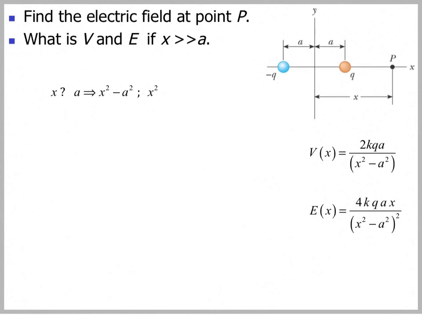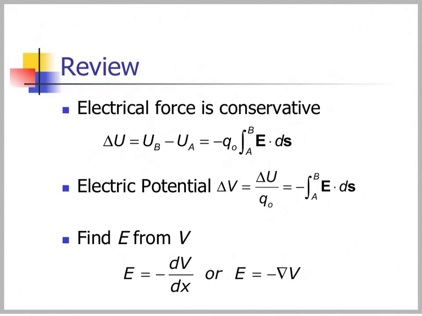So, x squared minus a squared essentially becomes x squared. And so the potential becomes 2kqa over x squared. And the electric field becomes 4kqa over x cubed.